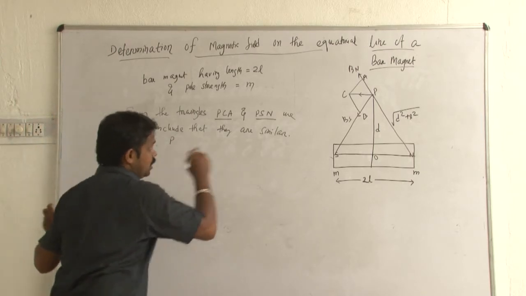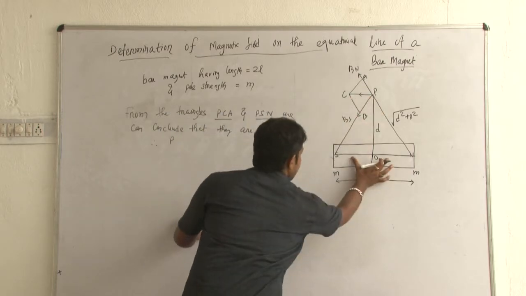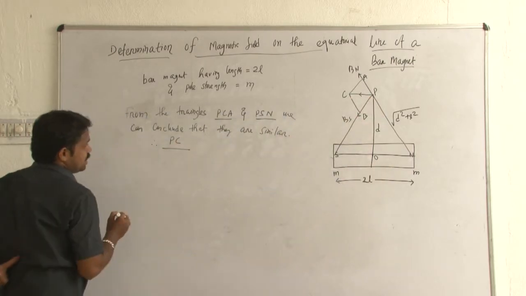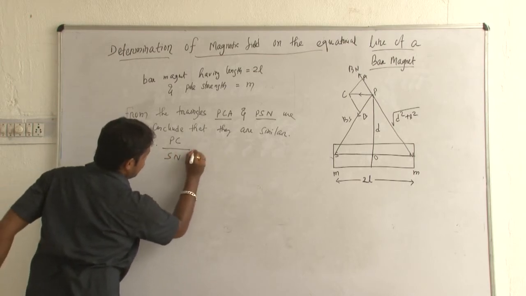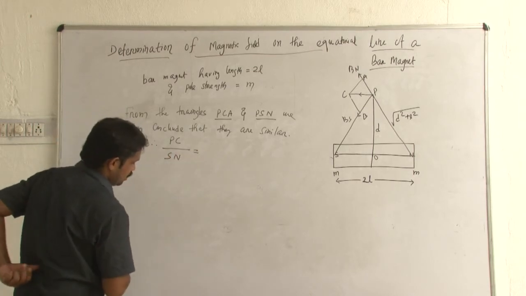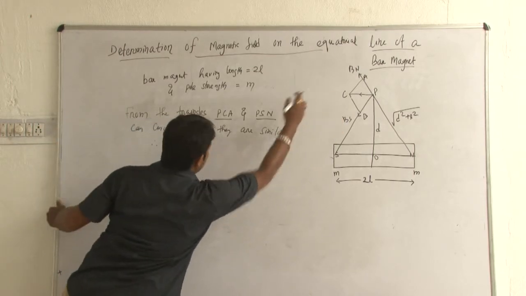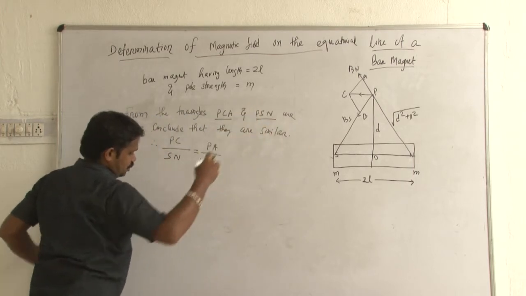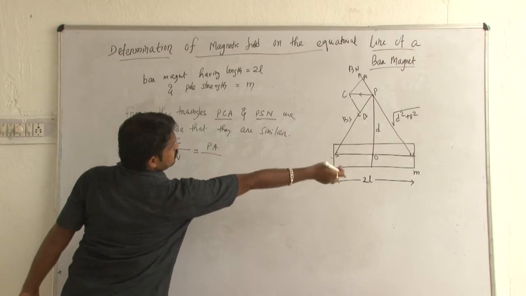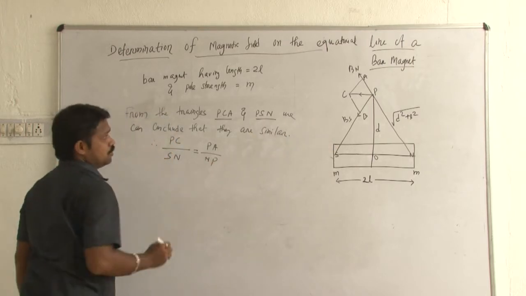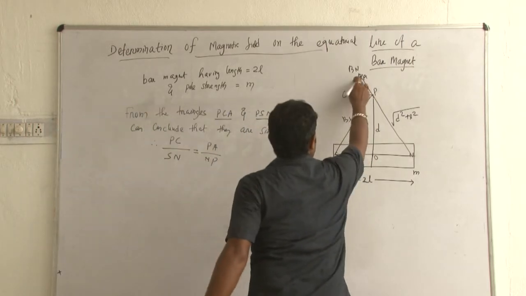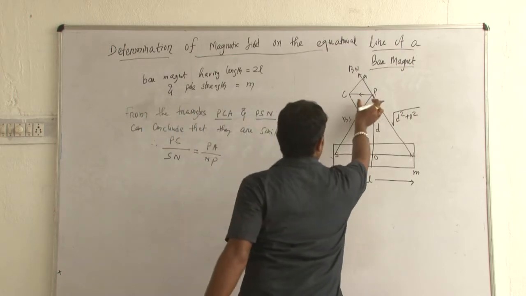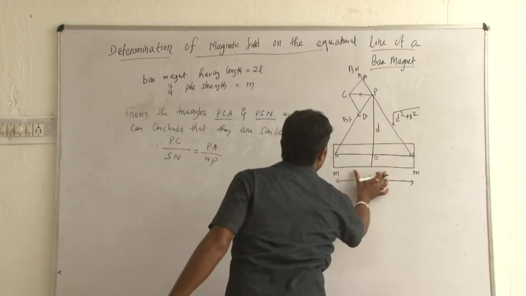So I can write PC divided by SN is equal to PA divided by NP. If PCA triangle and PSN triangle are similar, then I can write PC divided by SN is equal to PA divided by NP.